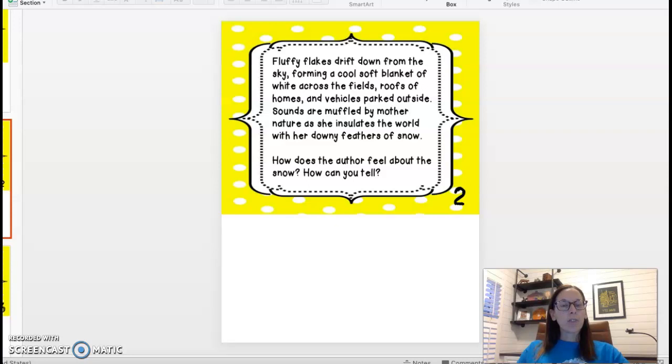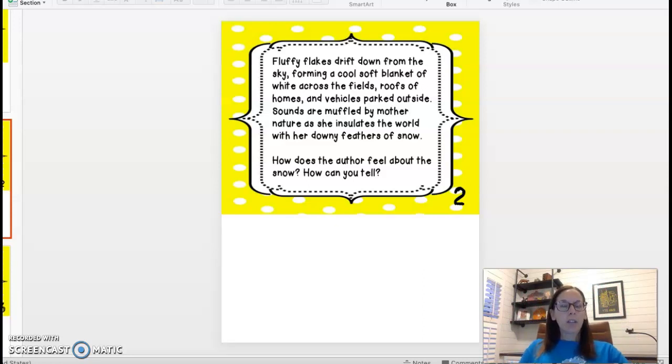How does the author feel about the snow, and how can you tell? I feel as though after reading this, the author thinks that the snow is very peaceful because of the way the author describes it: they're fluffy flakes. They're drifting down. Drifting doesn't mean that they're coming down hard. It kind of means that they're coming down soft.